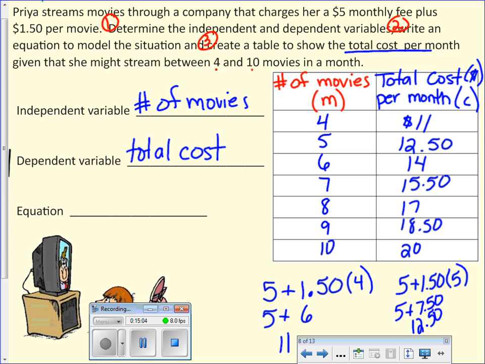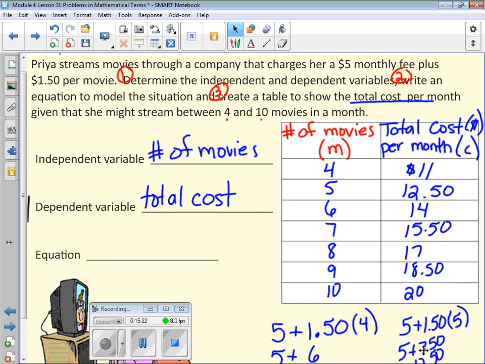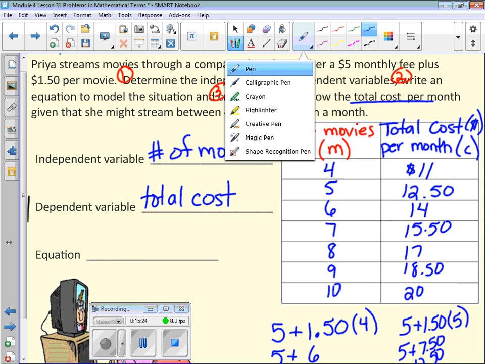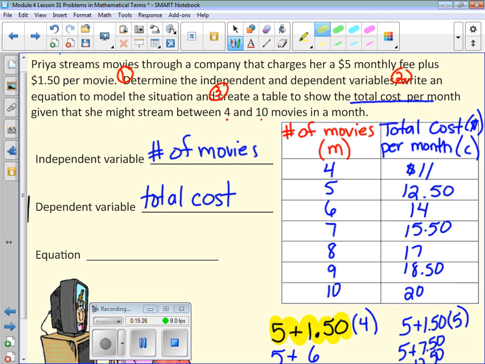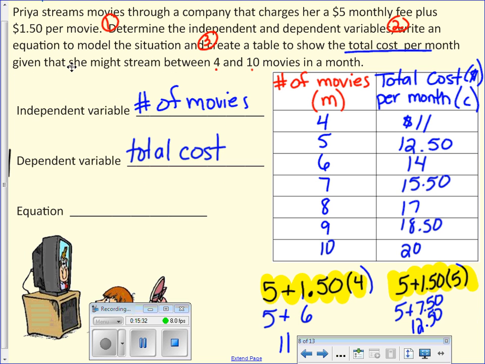And now we have to write an equation. So I had $5, then I had to add $1.50 per month. How would I write that as an algebraic equation? What did I do? Let's take this here and turn it into an algebraic equation. What did we do?